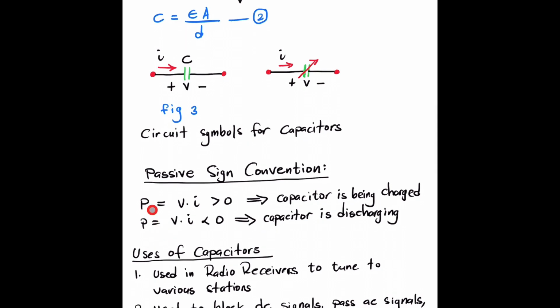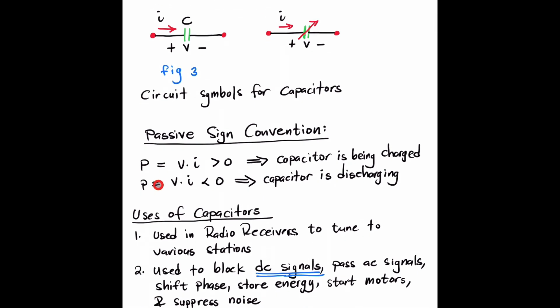And the power absorbed by the capacitor is equal to the voltage times the current. And if the power is positive, it implies that the capacitor is being charged. And if the power is negative, it implies that the capacitor is discharging. All right.